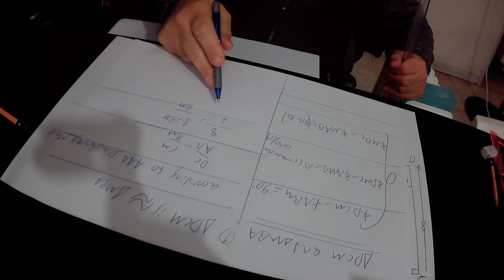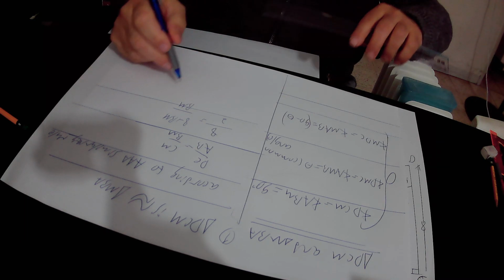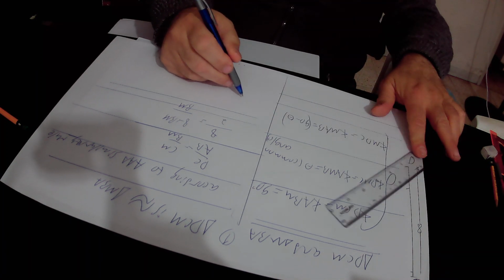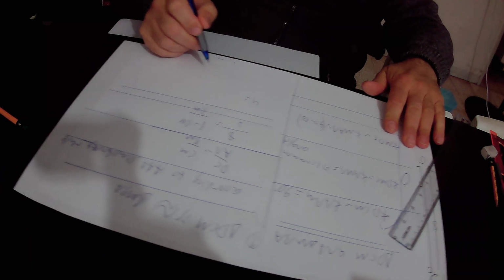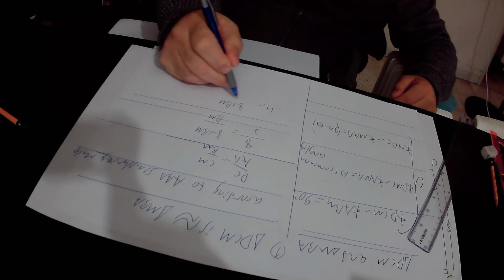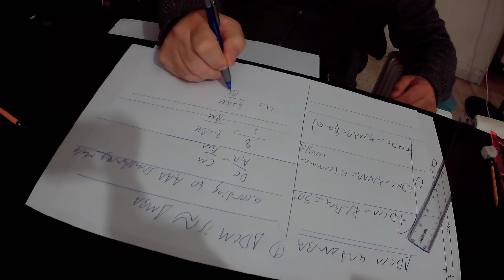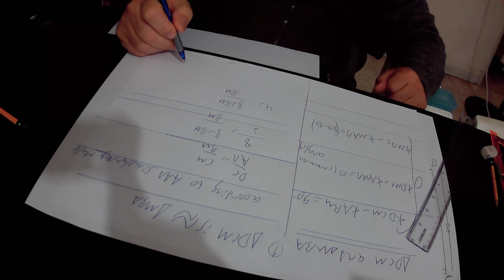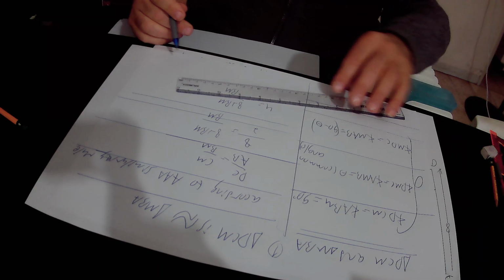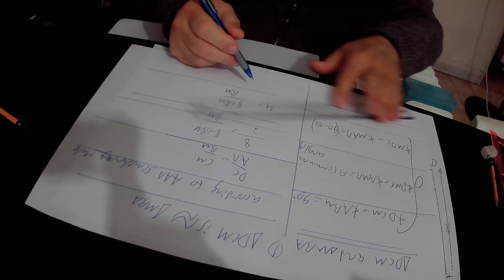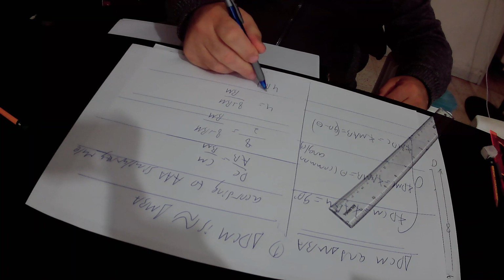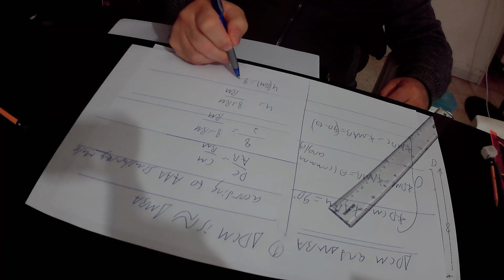Here 8 over 2 is 4, so 4 equals 8 plus BM over BM. Here we multiply this equation by BM and we get that 4 BM equals 8 plus BM.